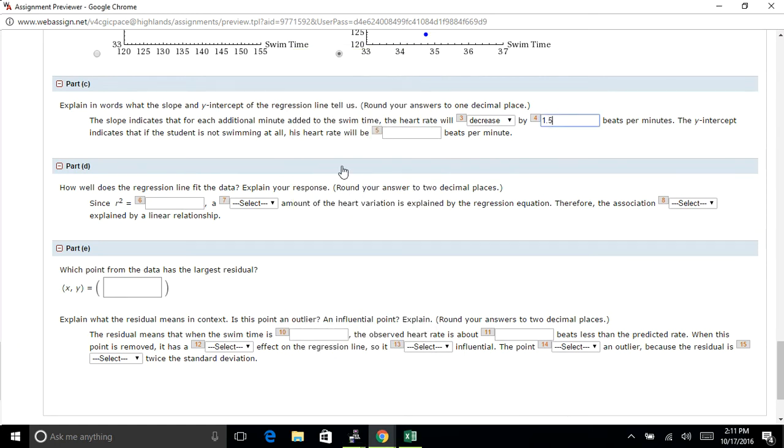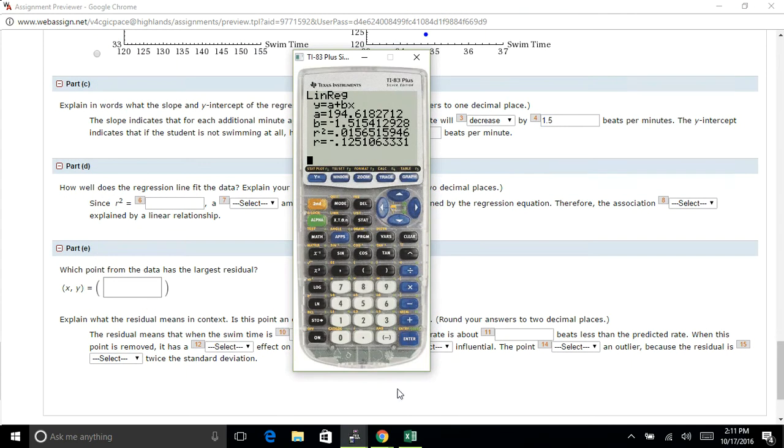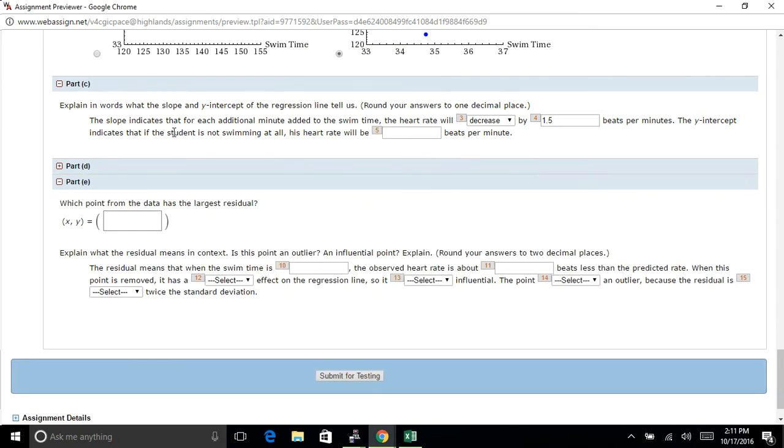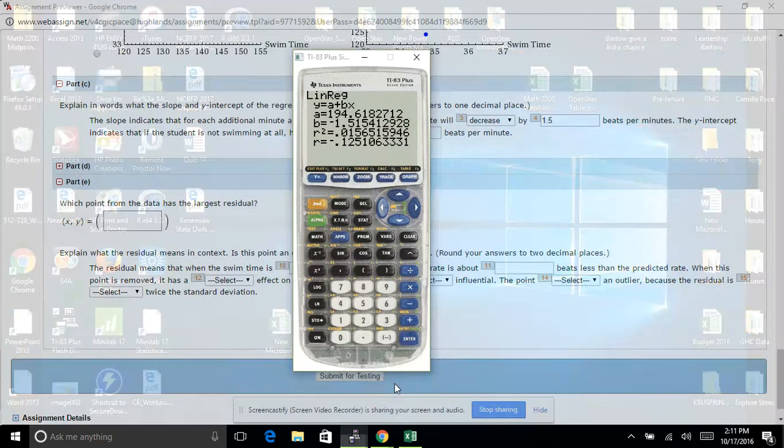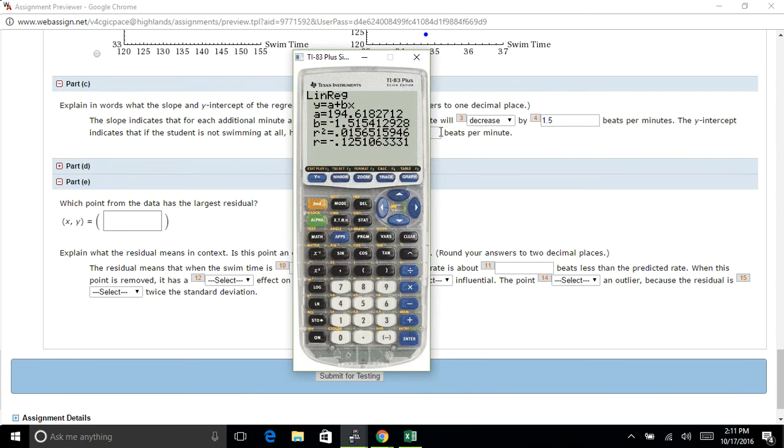So each additional minute added to swim time, the heart rate will decrease by 1.5, and I know this because B is negative 1.5. So then the y-intercept indicates that if the student is not swimming at all, his heart rate would be at what, in beats per minute? So let's go on here and look. So for this one, it would be 194.6.